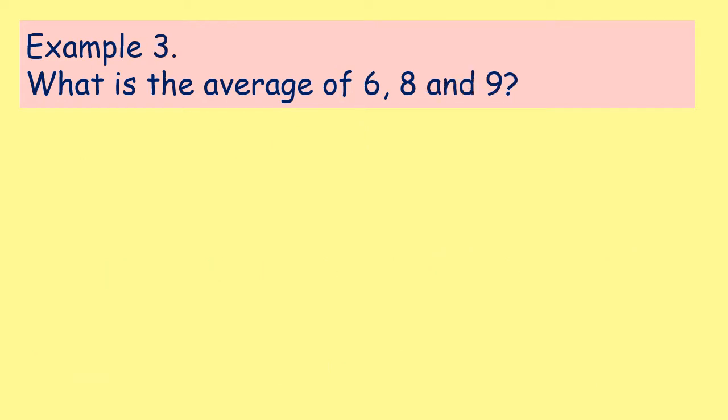Now, in the previous 2 examples, our average worked out to be a nice whole number. Sometimes that is not what we end up with. So in this example, we're going to end up with a number where we're going to have to use decimals. In this case, what is the average of 6, 8, and 9?